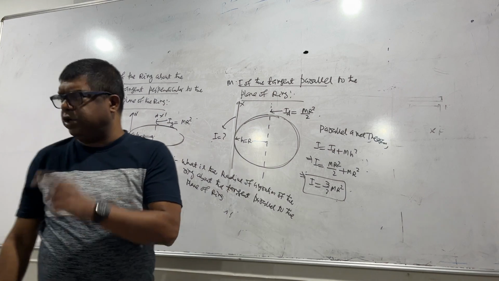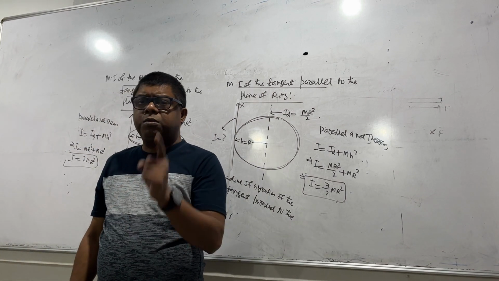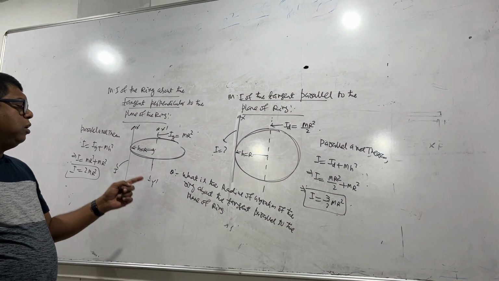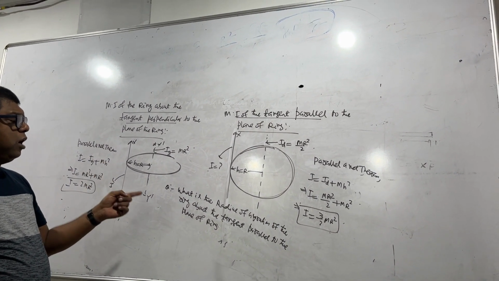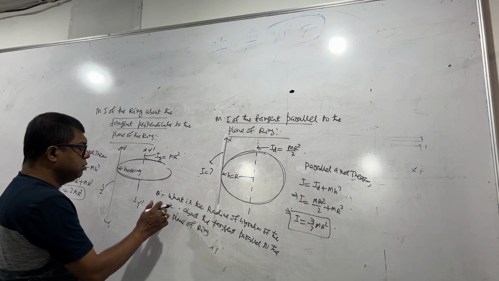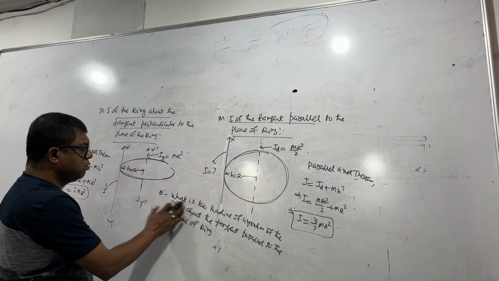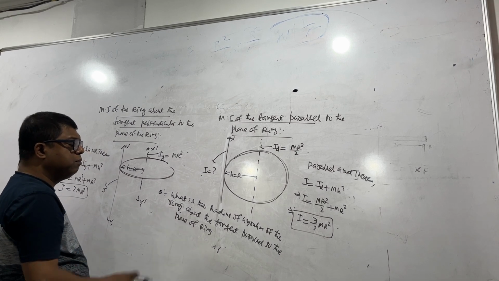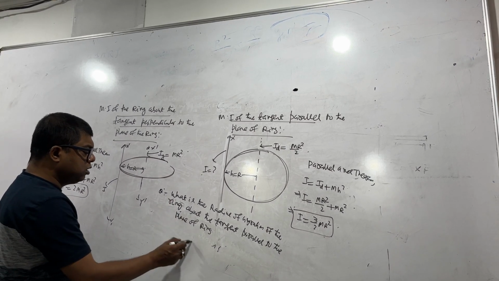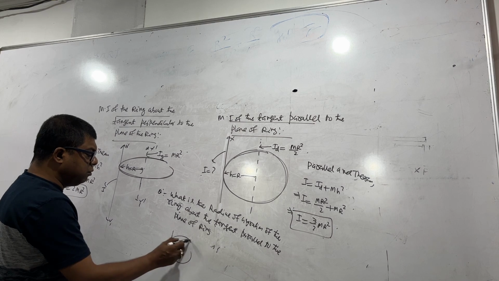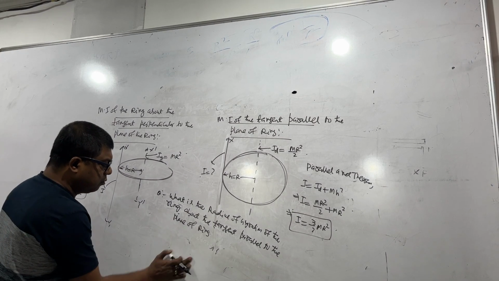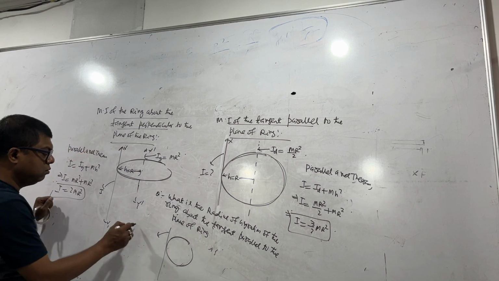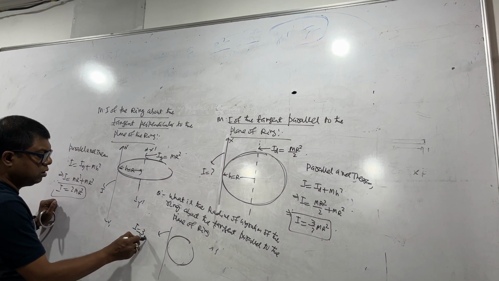Your duty is first to calculate the moment of inertia about that axis. The moment of inertia of the ring about the tangent parallel to the plane of the ring is already derived: I is equal to 3 by 2 MR square.